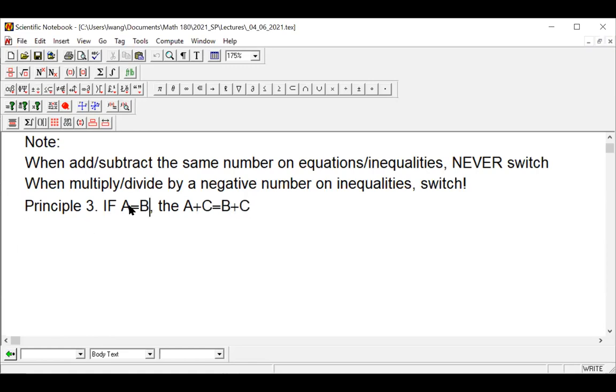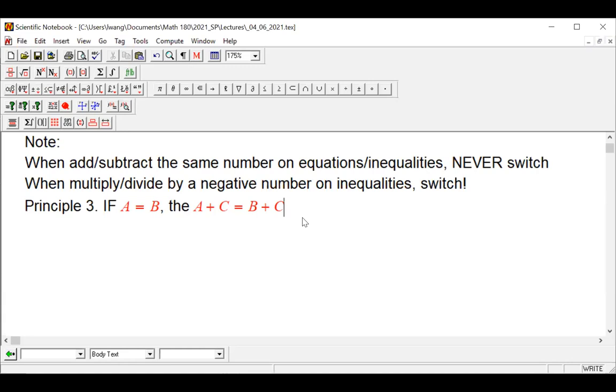Do we have this? I want you guys to look at that principle. I told you at the beginning of the semester, everything you do should not violate these principles.